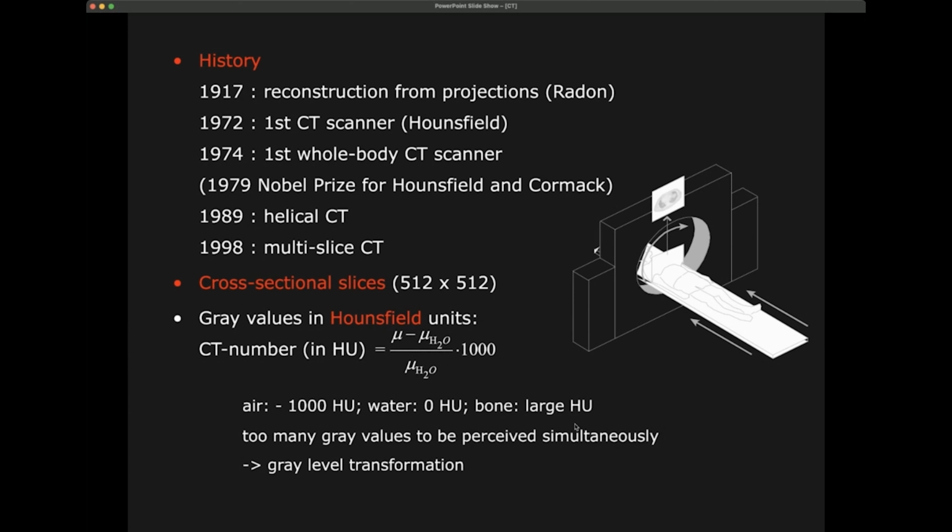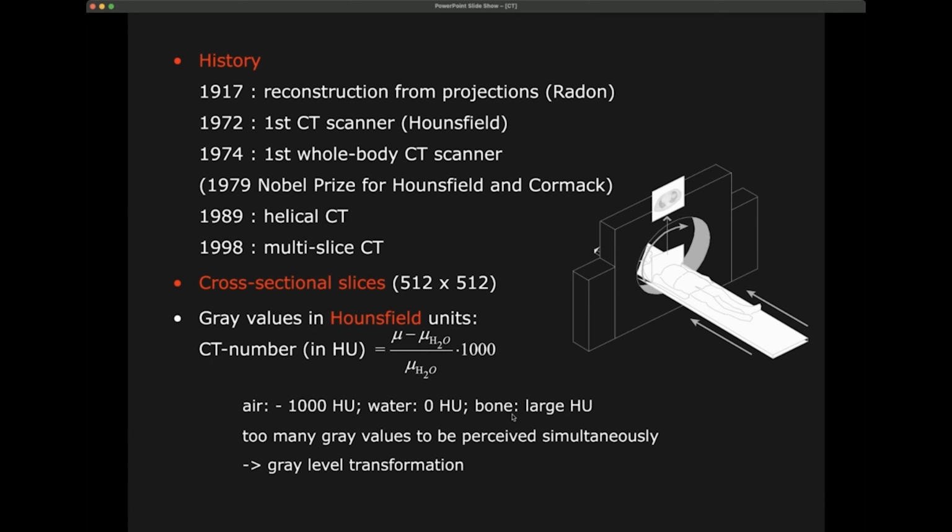Now, because we have this very large range in absorption values, the scanner can acquire values which are very far apart, a very broad range of values. And as I told you also in the first class, the displays that we use to look at these images are not able to show so many gray values, or this dynamic range.